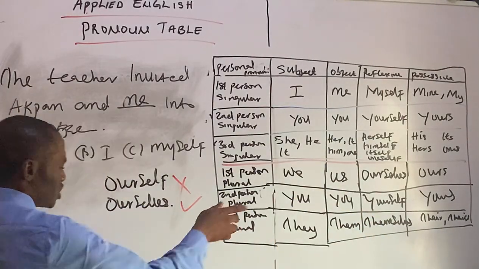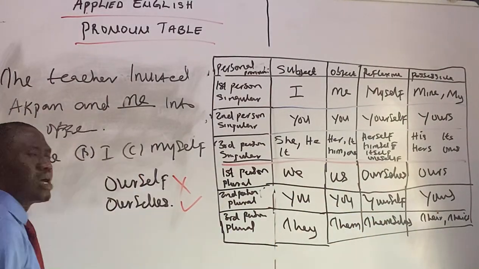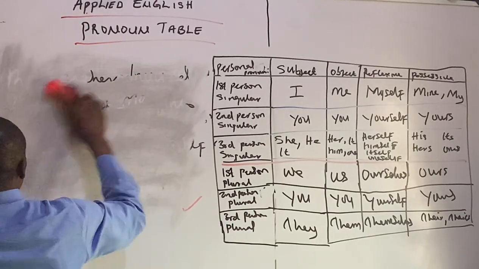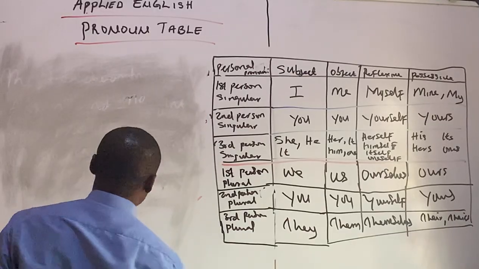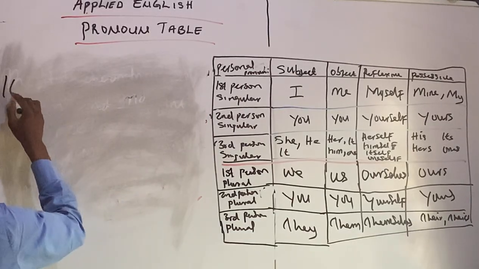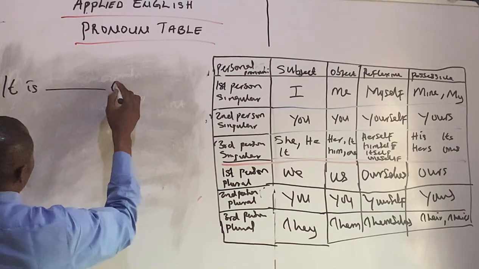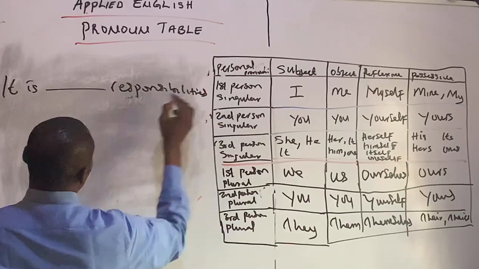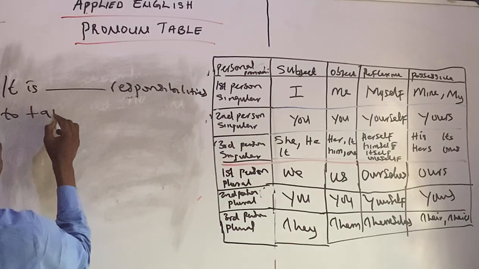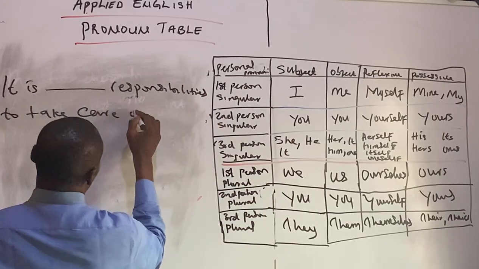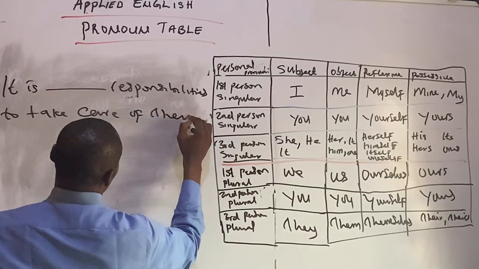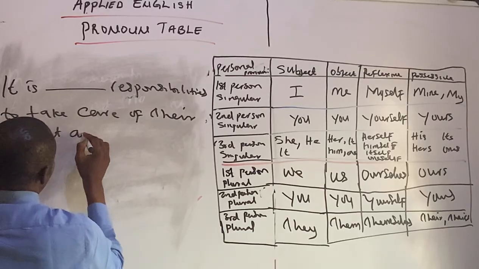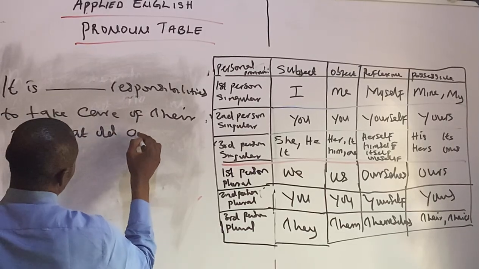All right. Now, this is all we've got for you on the pronoun table for today's class. And let's give you another question. Look at this question. It is dash responsibility to take care of their parents at old age.